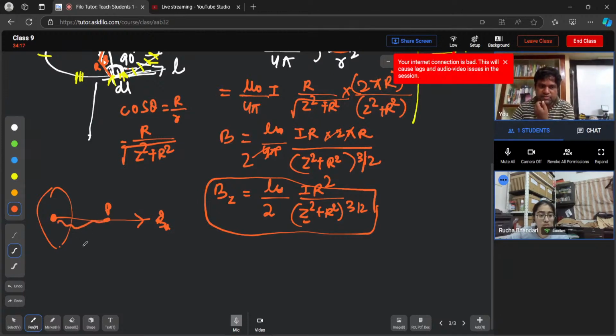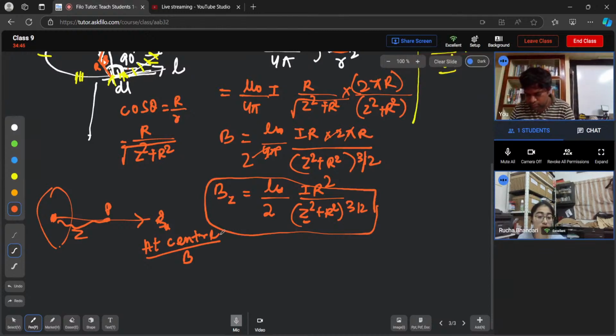So what will be the magnetic field at the center of the loop? Put z equal to 0.